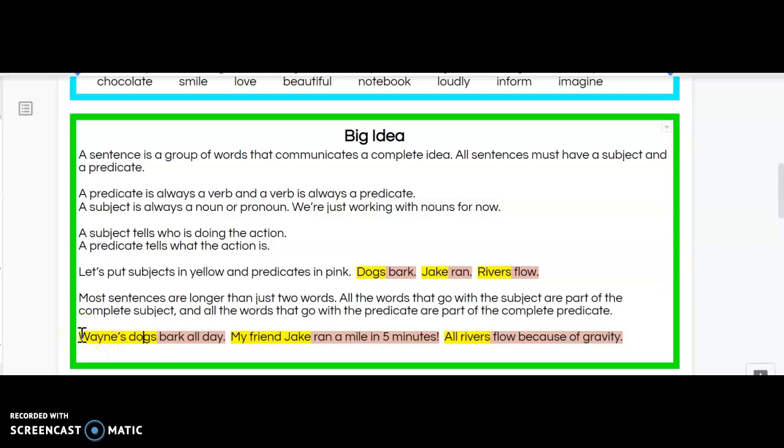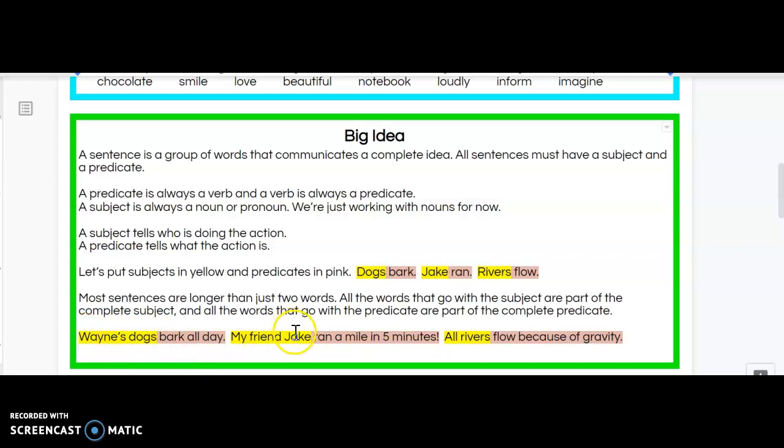We know they're Wayne's dogs. So Wayne's dogs is our complete subject. And we know that bark is our predicate, but the complete predicate is bark all day. It's that verb and all the words that go with it that complete the thought. So complete subject, Wayne's dogs, complete predicate, bark all day.